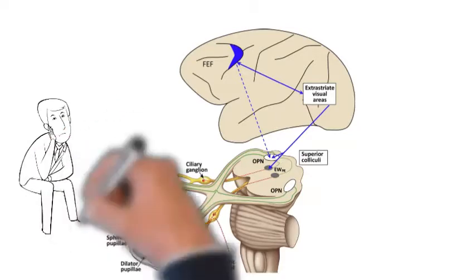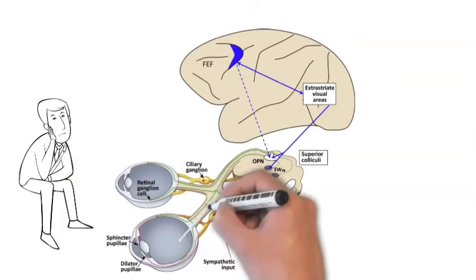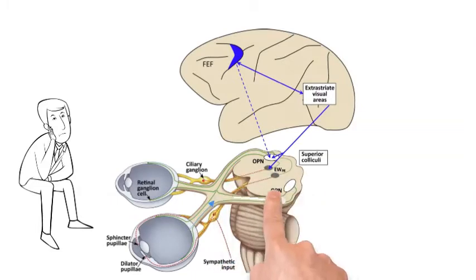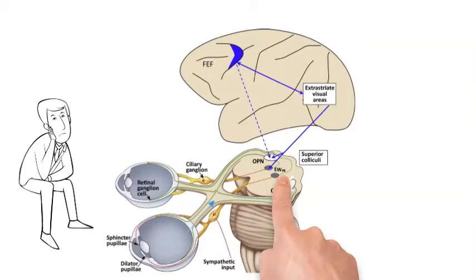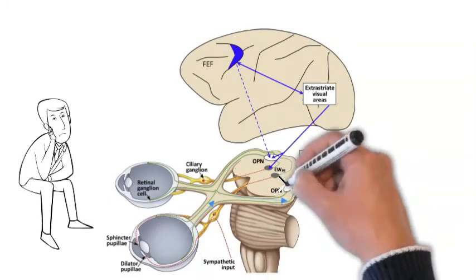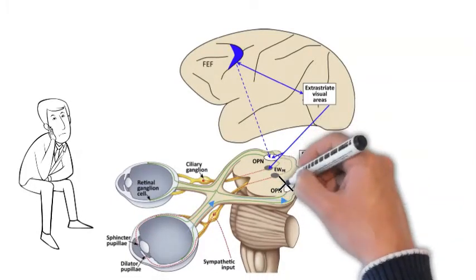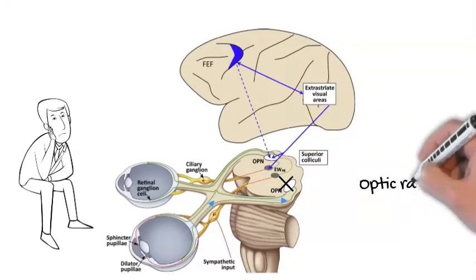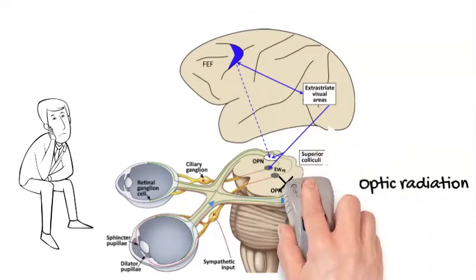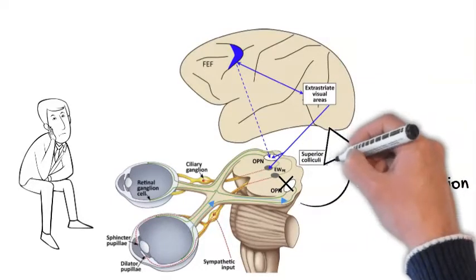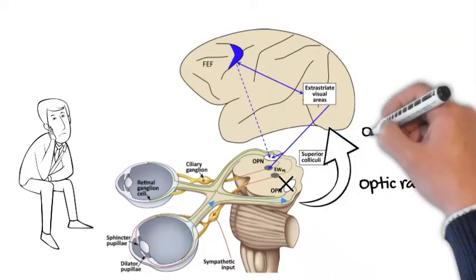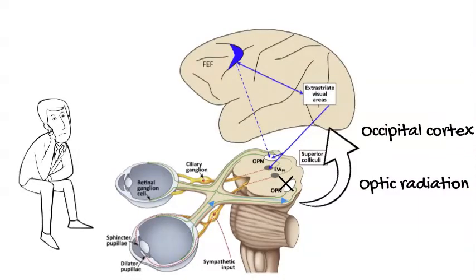When we look towards a near object, the image will be transmitted through our optic nerves and optic tract, but here it does not synapse with the pretectal nucleus in the midbrain, and instead the image will be transmitted to the occipital cortex for analysis through the optic radiation.